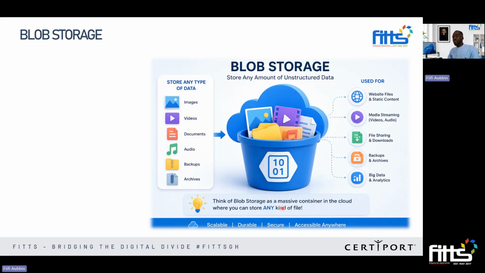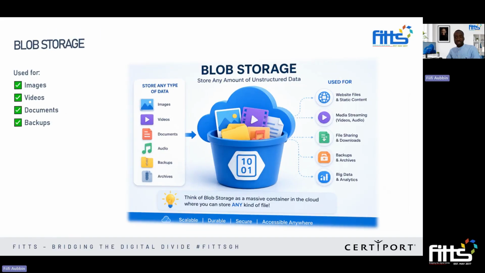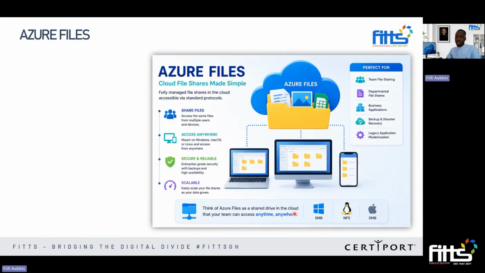Think of Blob Storage as a massive container in the cloud where you can store any kind of file. It is scalable, durable, secure, and accessible anywhere, and it's used for images, videos, documents, and backups.